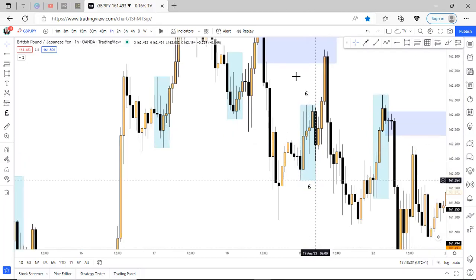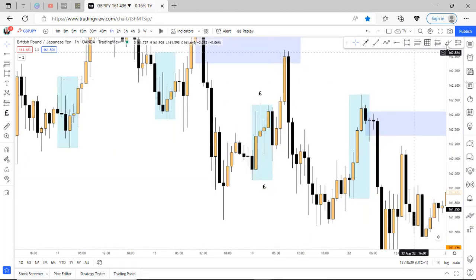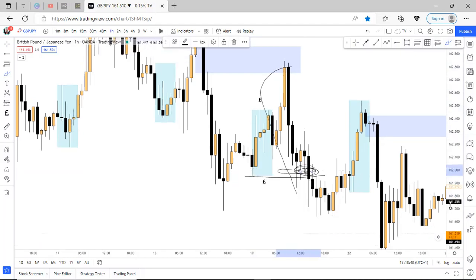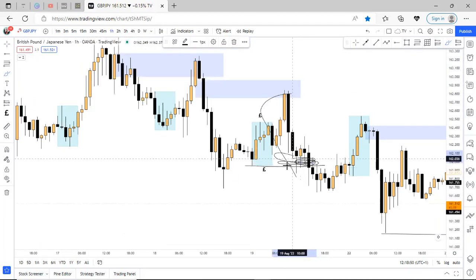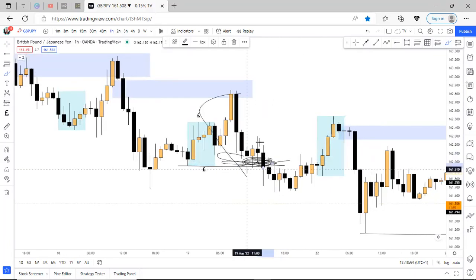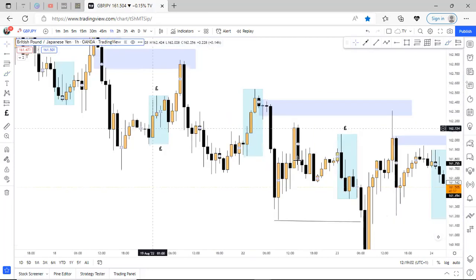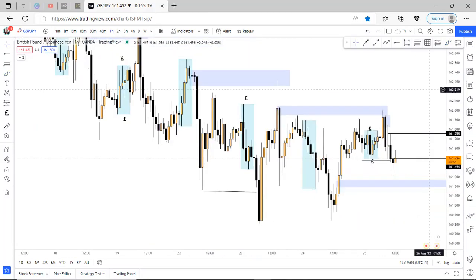So I was able to catch this sell, and for my take profit I targeted this low, and I was able to get partials out of this trade, before I was later stopped out, I think. I hope we are able to understand these concepts with this video.